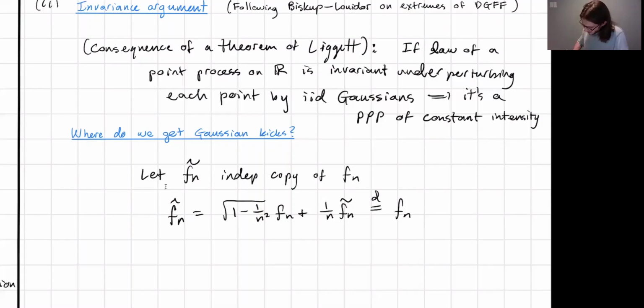Why do we do this? Well, we introduce this independent copy. Fn and Fn tilde, remember, were of order 1. So this field is of size order 1 over n, which is the scale of the minimum.